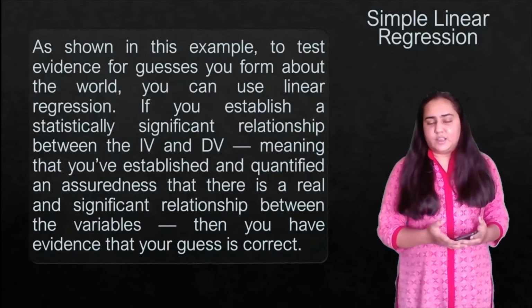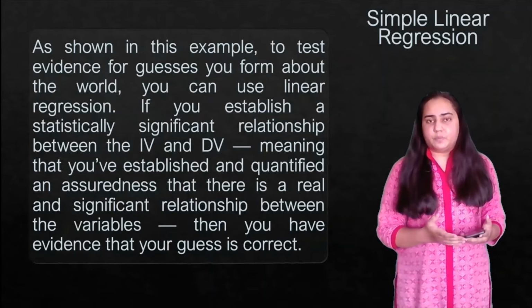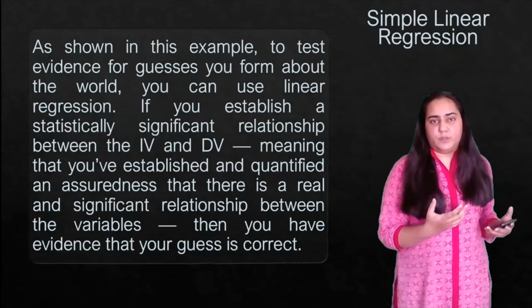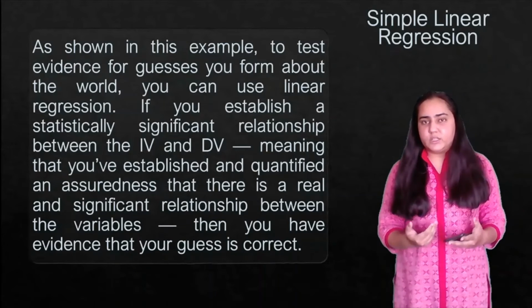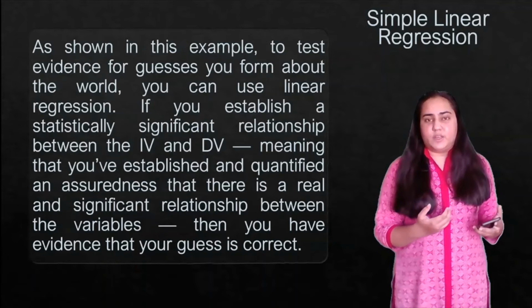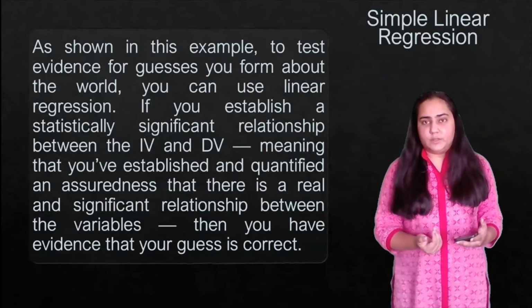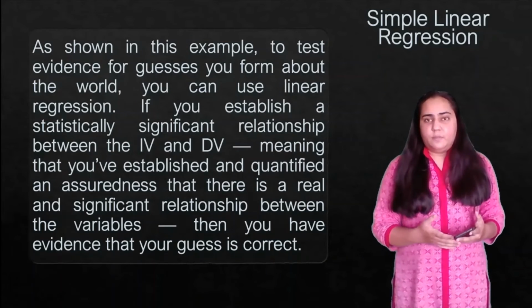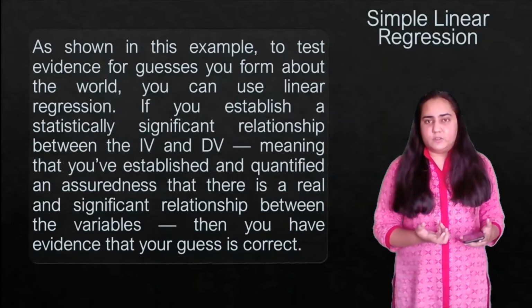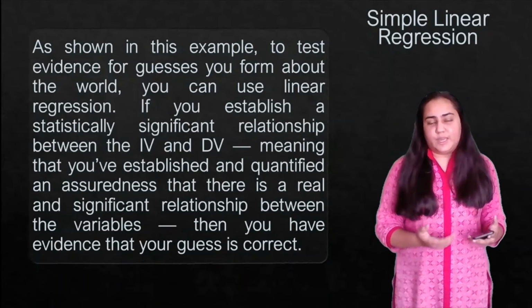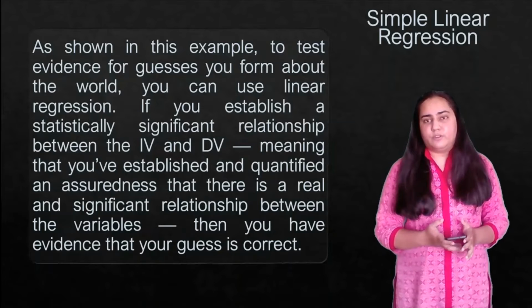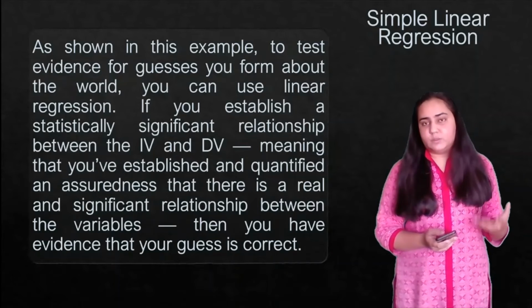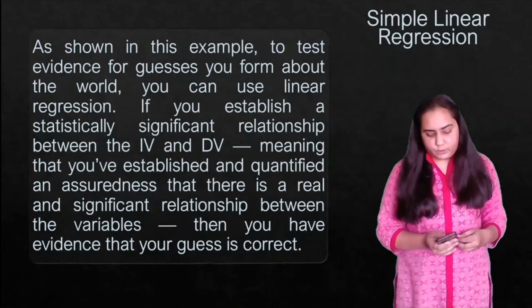Now you could make a guess either way, whether you're trying to guess that a person having more income is overweight, or that a person having more income is of healthy weight. So either way, if you want to find evidence for which of your guesses is correct, then you could perform a linear regression and use the mathematical model of linear regression.